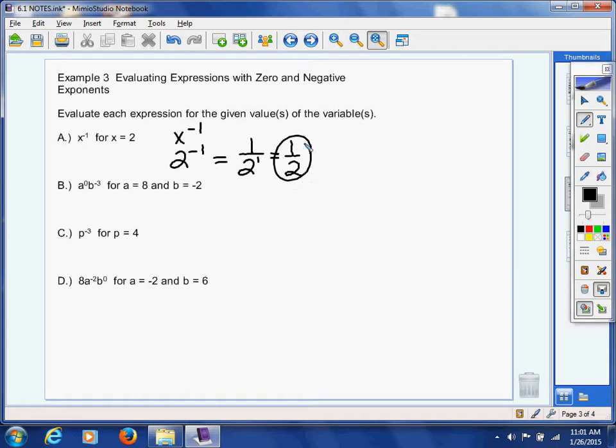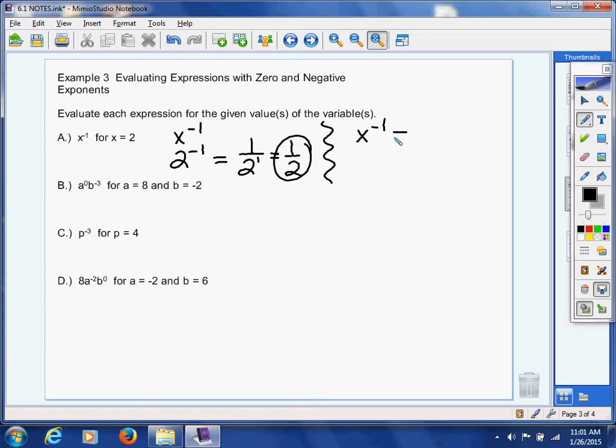Okay? And you can do it that way, where you plug in right away for the variable. Or, let me separate my board here, you could say, you know what, I want to move the negative exponent first, get that dealt with, and then plug in after it's all said and done. Okay, that would work too.